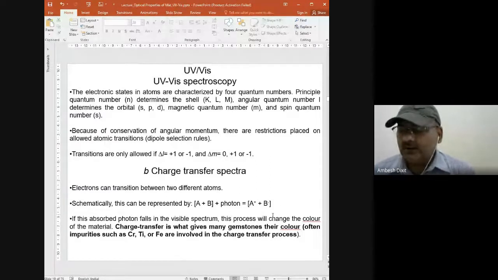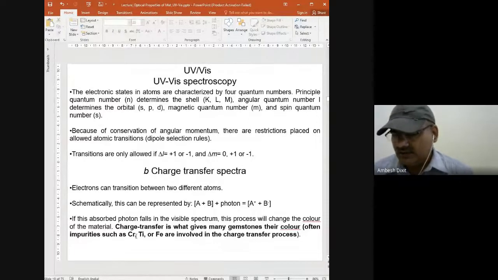This kind of process we call charge transfer, mostly responsible for the color that we see in our gemstones. For that, people use chromium, titanium, and iron as dopants in sapphire or some other system as well. Often impurities such as chromium, titanium, or iron are involved in the charge transfer process.